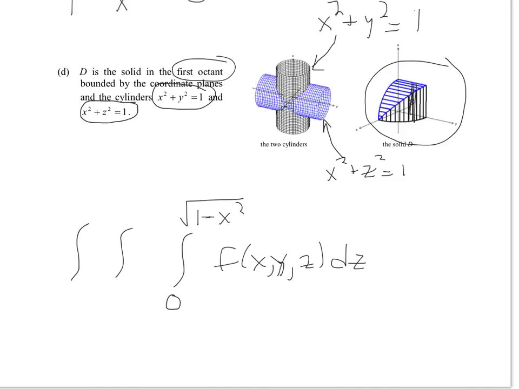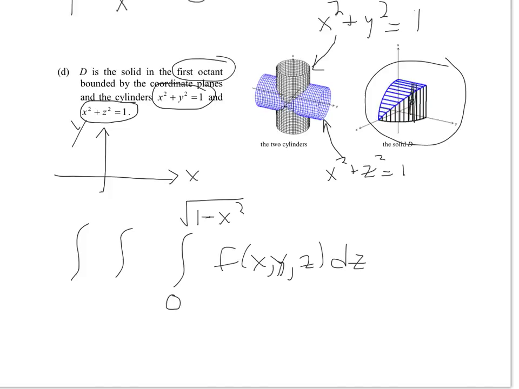Okay, so now we've taken z out of the problem, and that means we need to look at the shadow that this solid makes in the x, y plane.